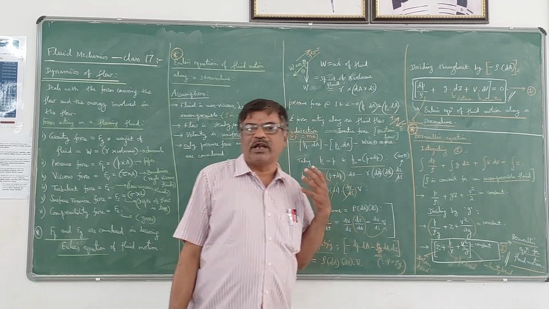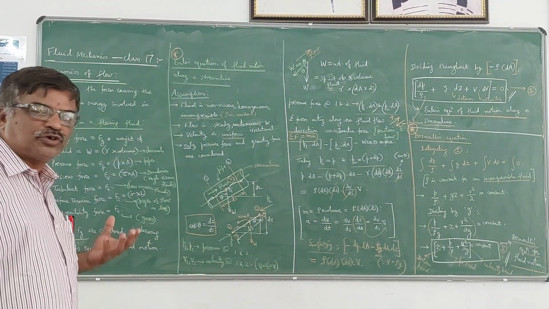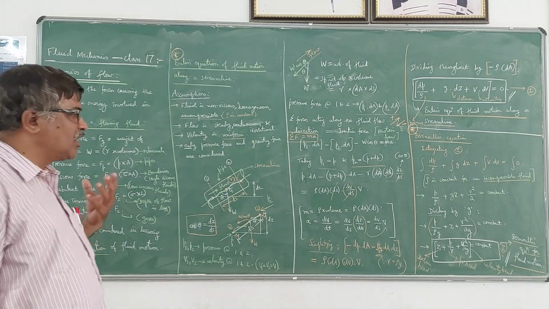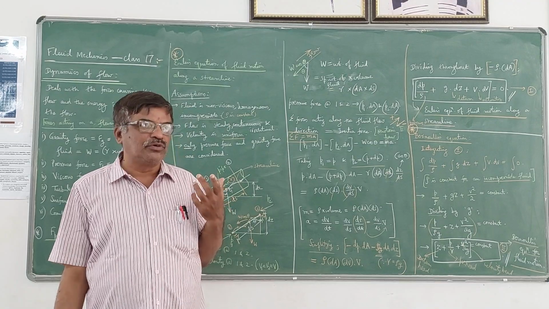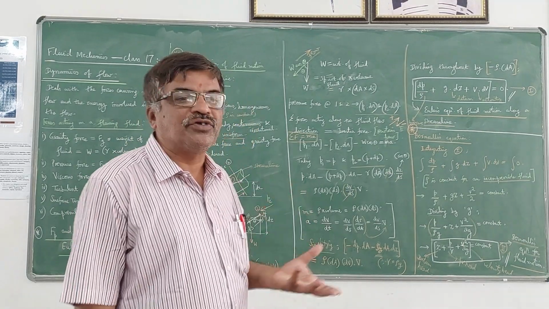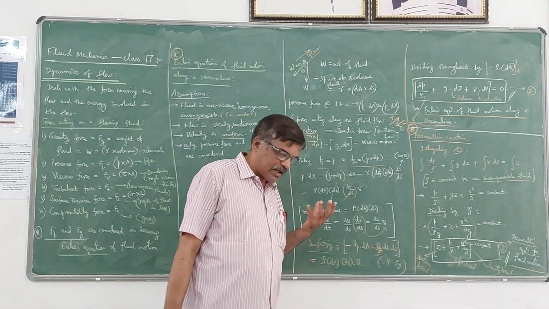Some devices have been developed, Venturi meter, orifice meter, pitot tube and others. They are used to measure the discharge or the rate of flow in pipes or channels, or to measure the velocity. So it is very important in fluid mechanics.